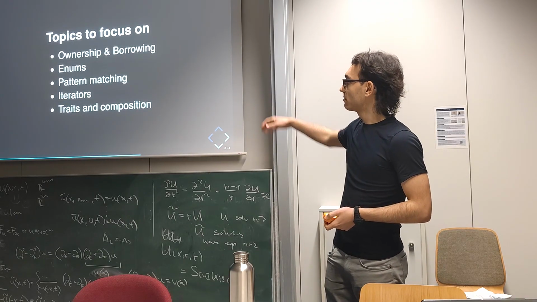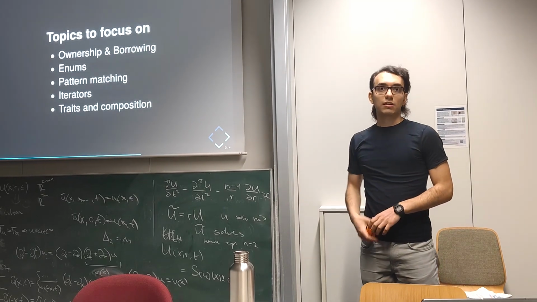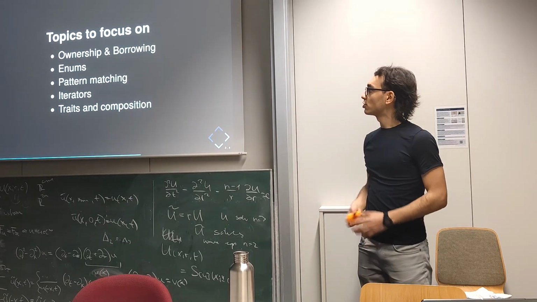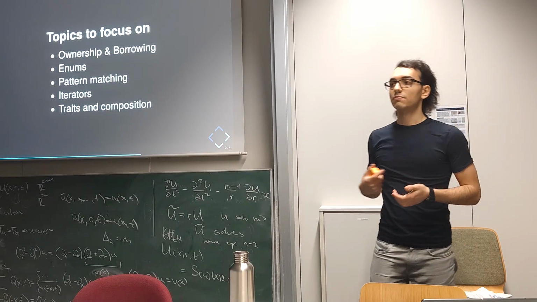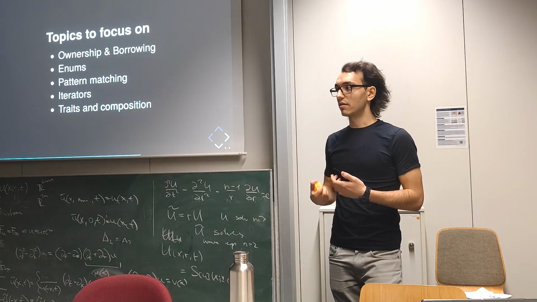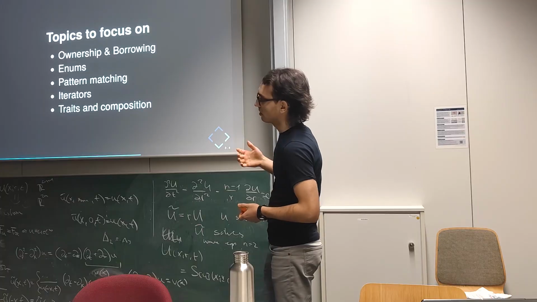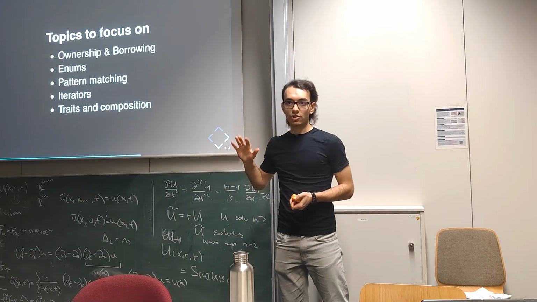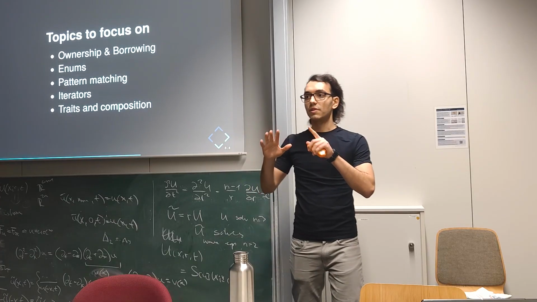So enums, pattern matching, iterators, traits, and composition. Basically what is shown here is what people, from my experience, have problems with because they aren't familiar with these concepts.